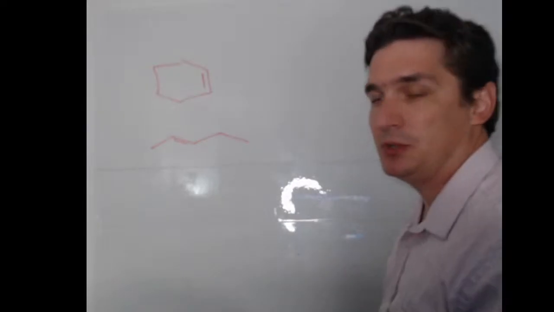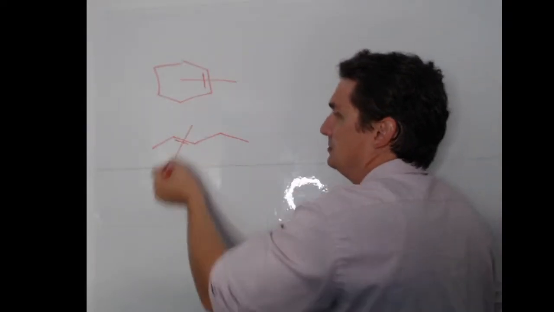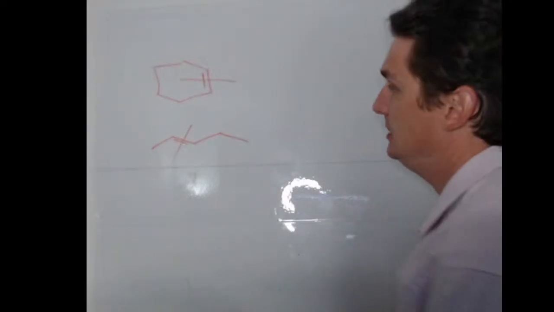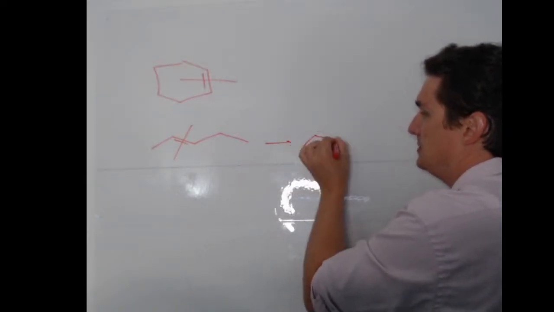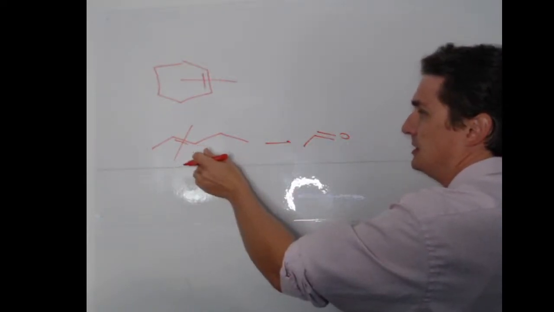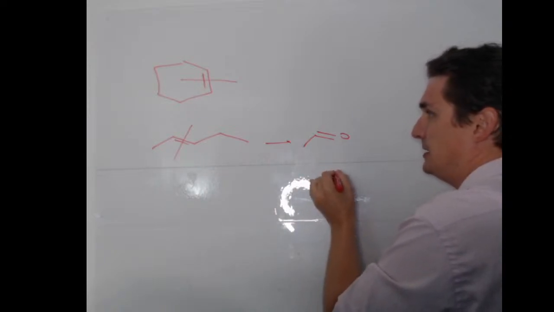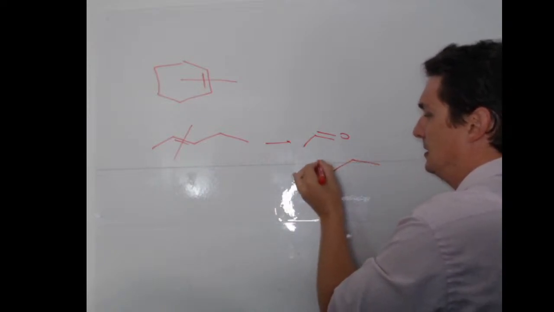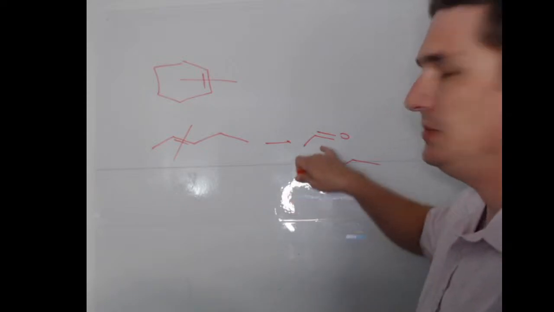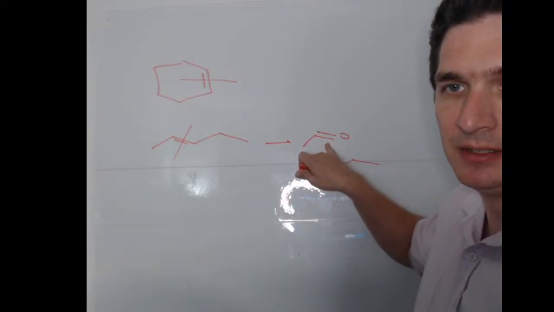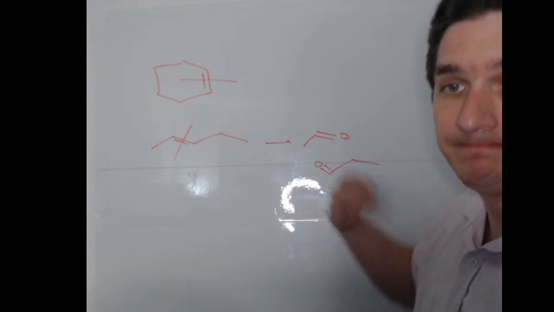So what we do is we draw a line through the double bond and we put an oxygen on there. And so in this case, we end up generating an aldehyde, and actually end up generating two aldehydes. So in this case, you would get this ethanal and you would get propanal.